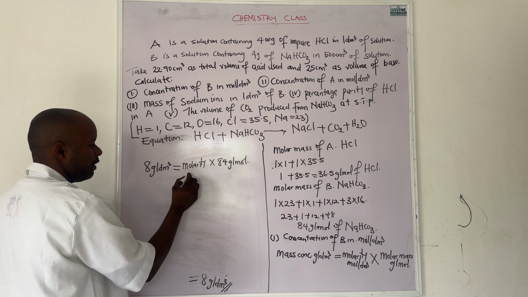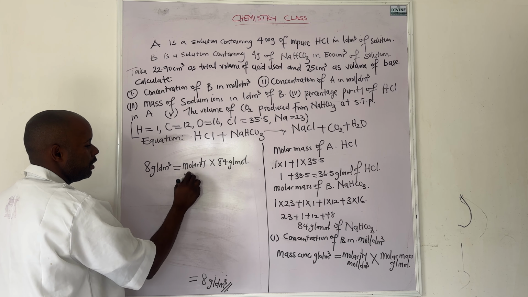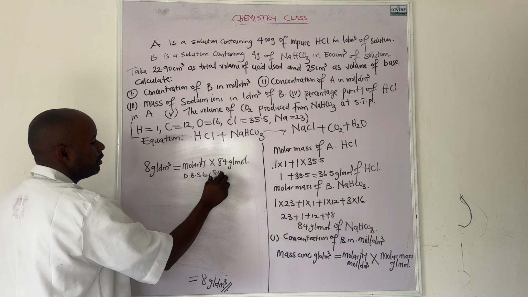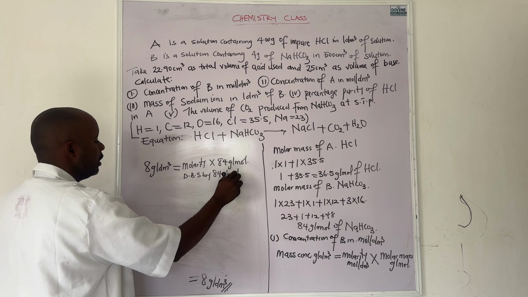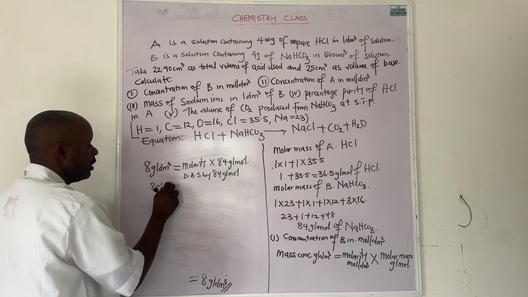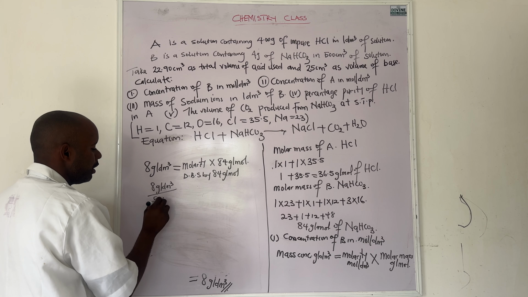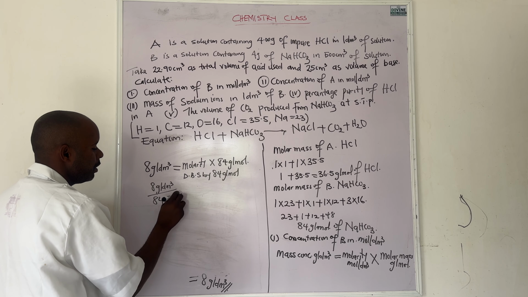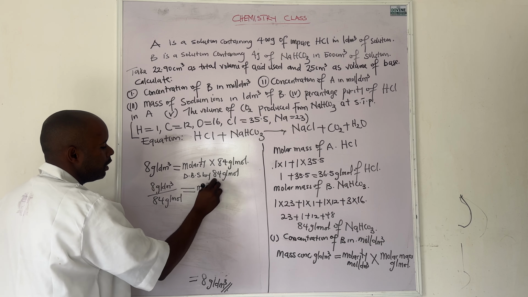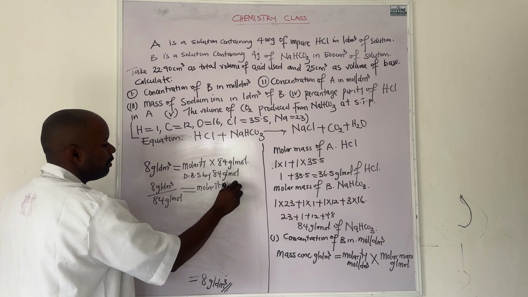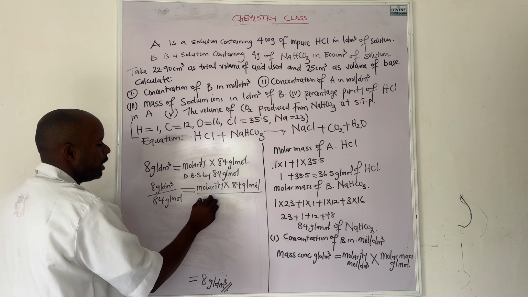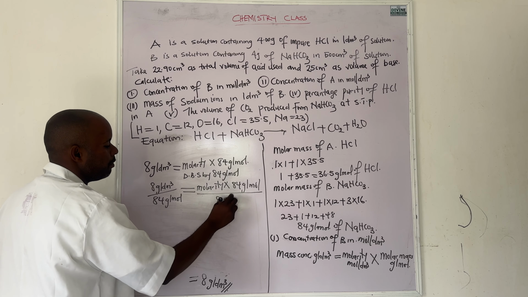So for us to have this, divide both sides by 84 gram per mole. So we are going to have 8 gram per dm cube all over 84 gram per mole is equal to molarity times 84 gram per mole divided by 84 gram per mole.